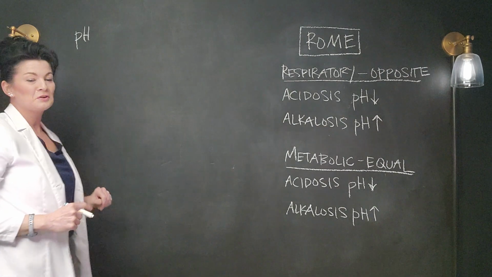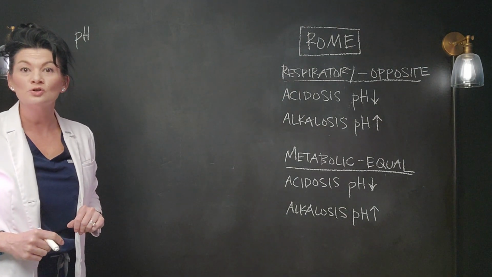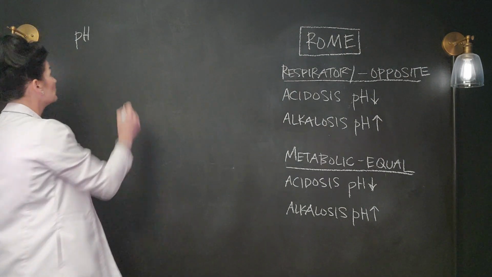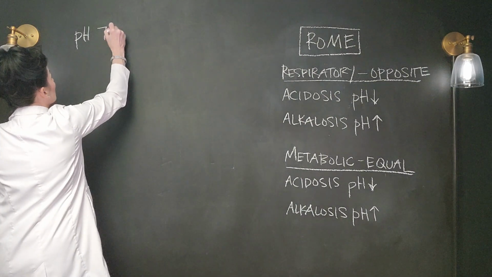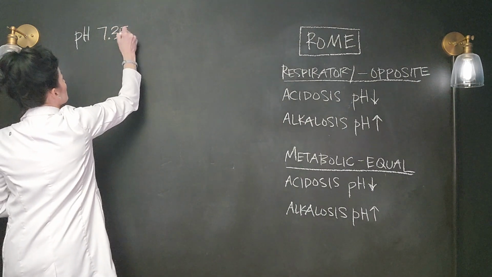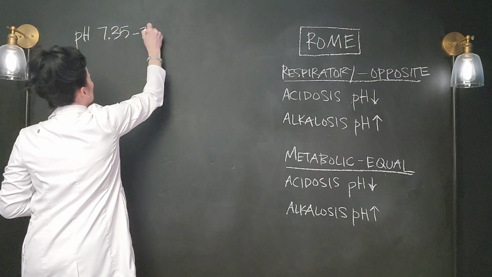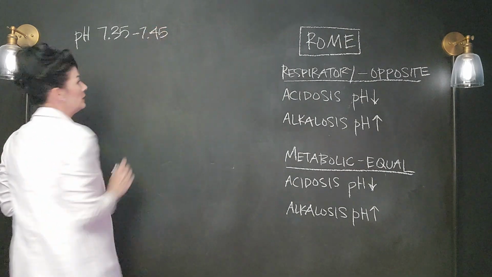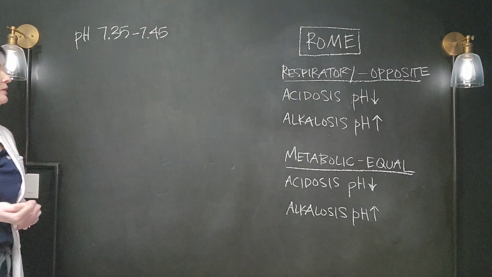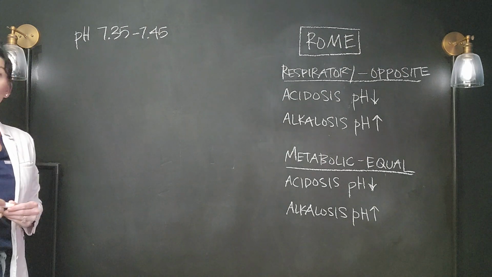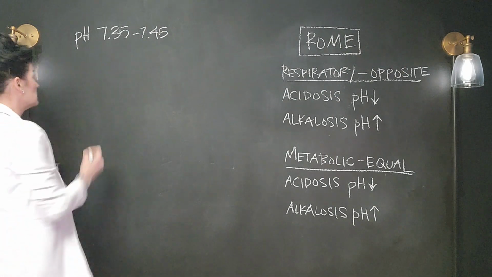But when it comes to the value for pH in the human body, our range should be 7.35 to 7.45. Okay? Then the next value that we are going to look at is going to be partial pressure of CO2.